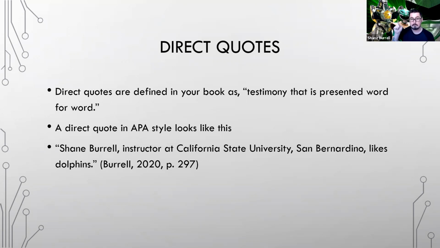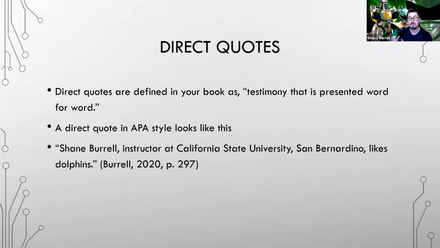So that parentheses portion is a citation of a direct quote. The direct quote was Shane Burrell, instructor at California State University, San Bernardino, likes dolphins. But the parentheses shows the citation of where that came from and how it is used, right?